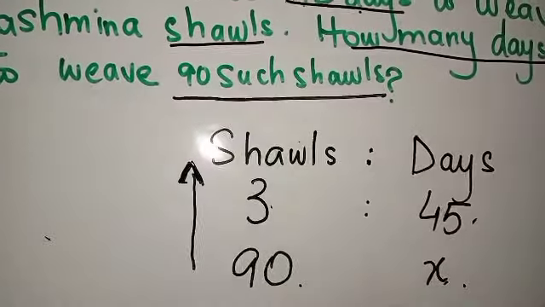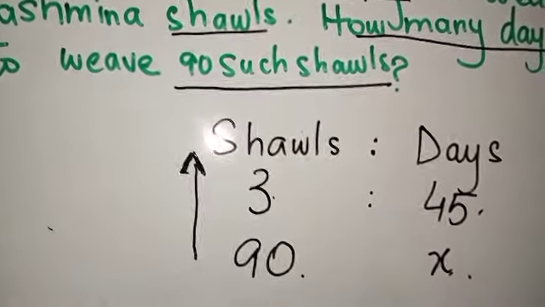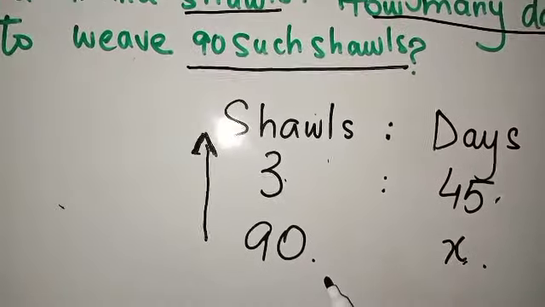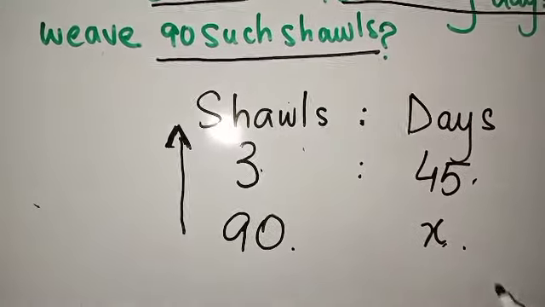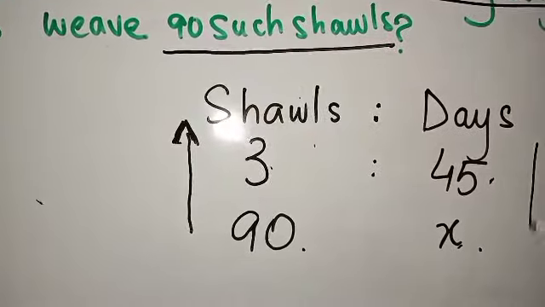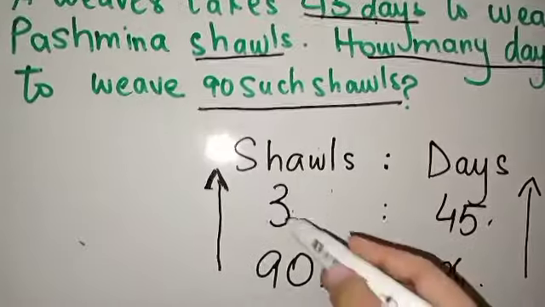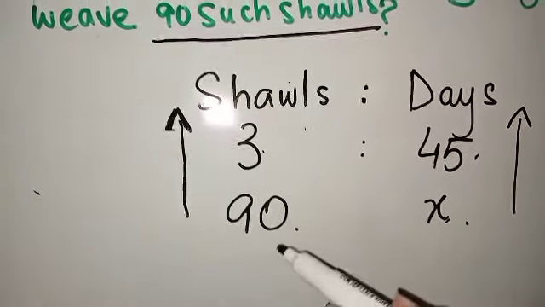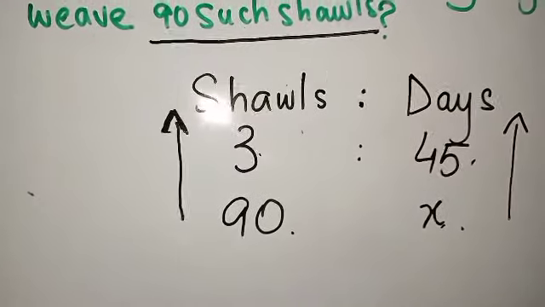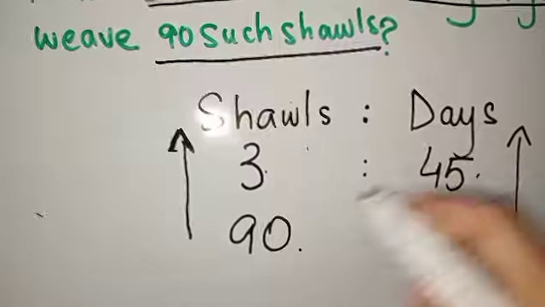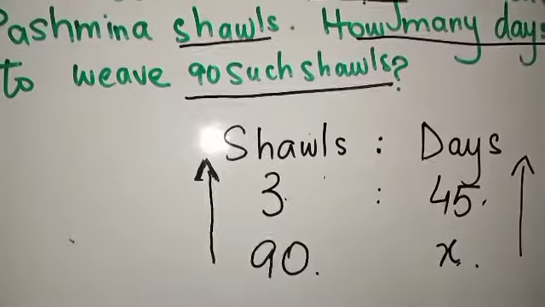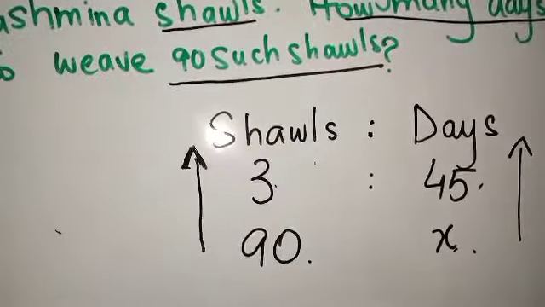When it is decreasing, you draw the arrow downward. I am increasing the quantity of shawls, so days will also increase. When 3 shawls take 45 days, 90 shawls will take more than 45 days. So this is increasing and this is also increasing. So this is direct proportion.